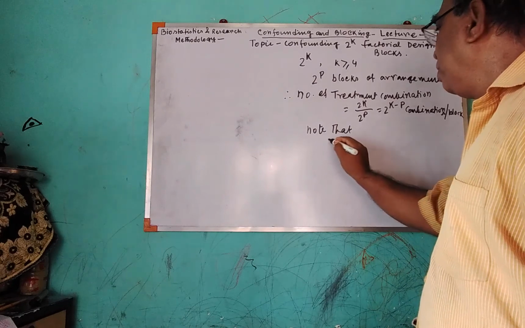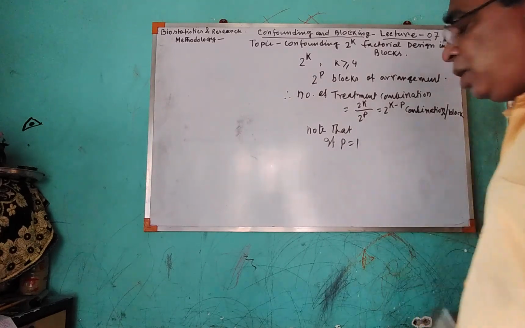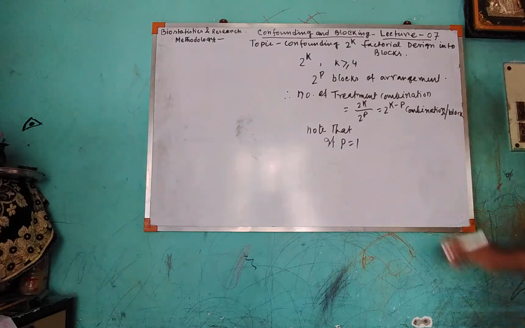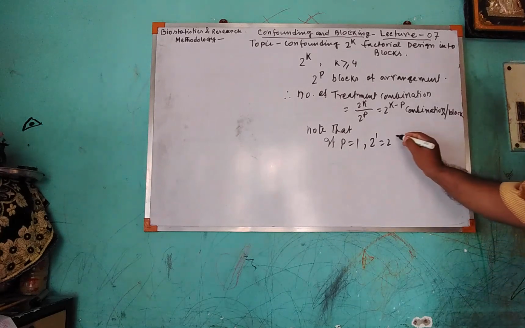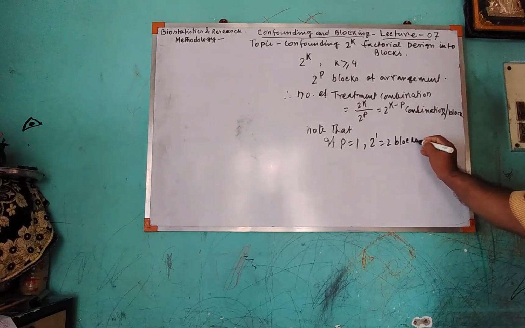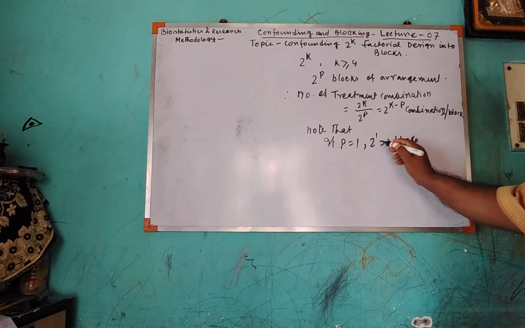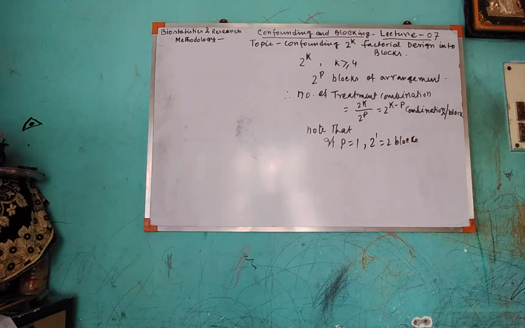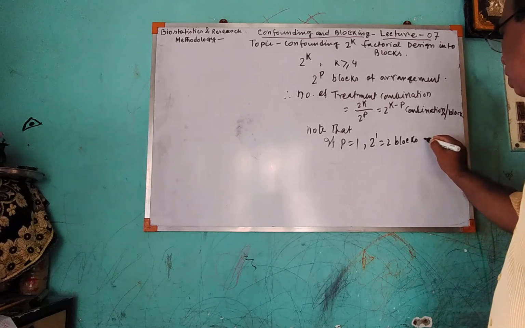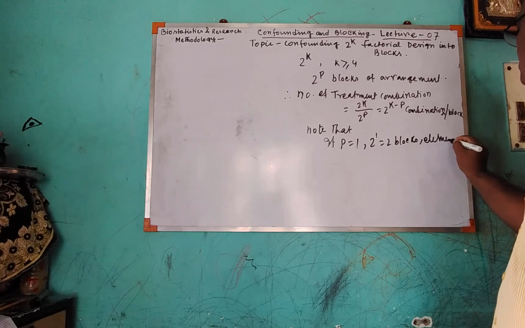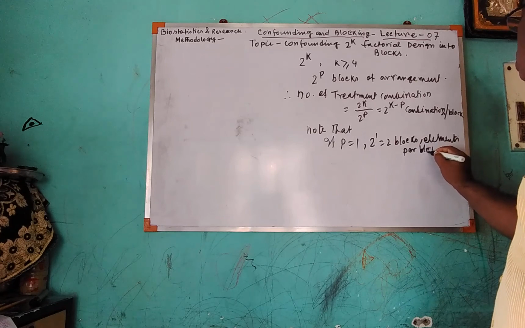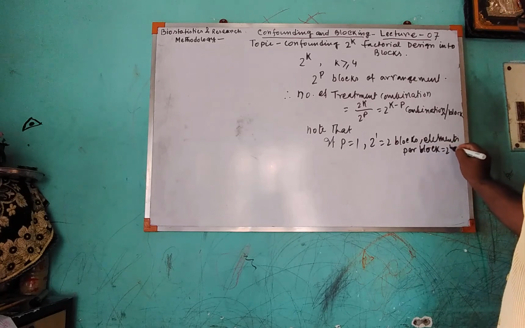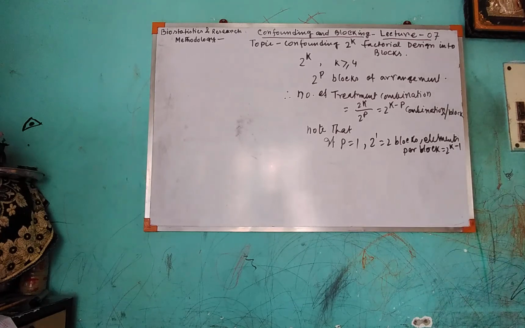Note that if p equals 1, then 2 raised to the power 1 comes to 2 blocks, and elements per block is equal to 2 to the power k minus 1.